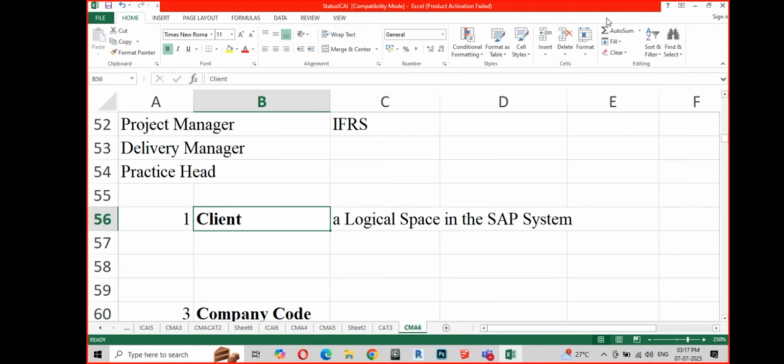But more than you getting hands-on the SAP system, you need to understand these concepts or these new terms so that working on the SAP system becomes much easier. By the end of this course, we don't expect you to become experts and you don't have to show me anything on the SAP system. Absolutely nothing.